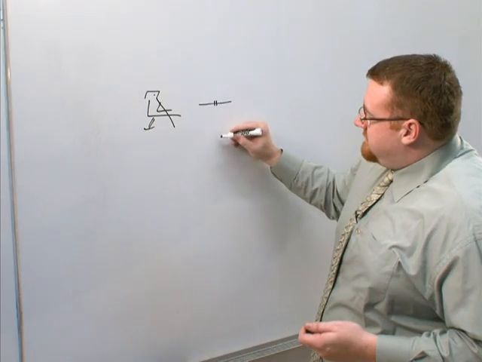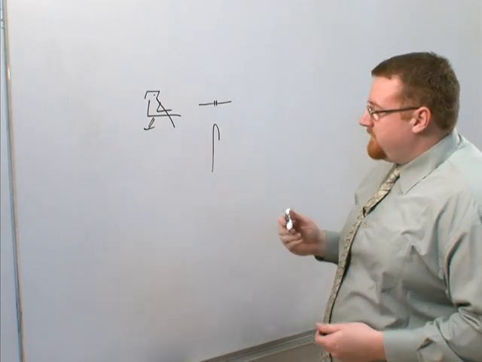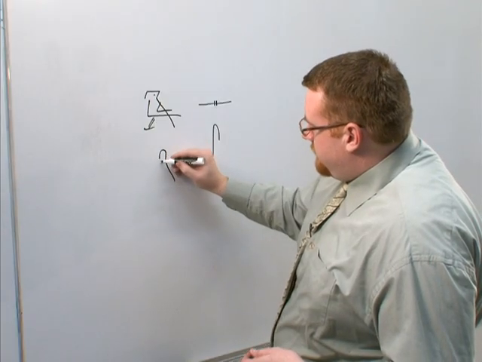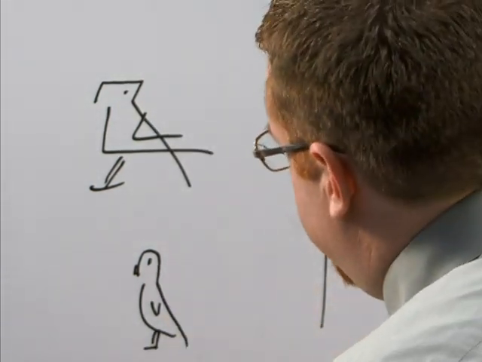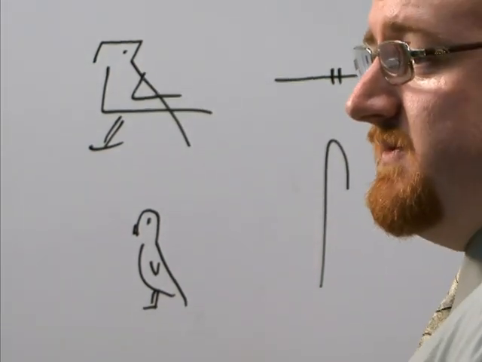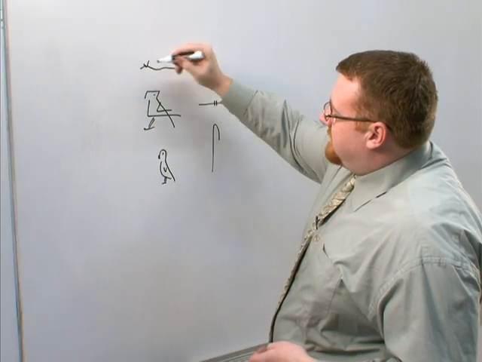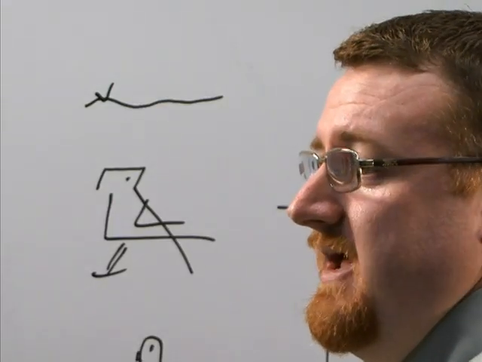We have an S, which is represented by a bolt of cloth. Another bird sign we have that's very common is a quail chick, a very small chick, which represents a kind of oo sound. We also have a snake. This particular snake is a horned viper, which has the phonetic value of F.